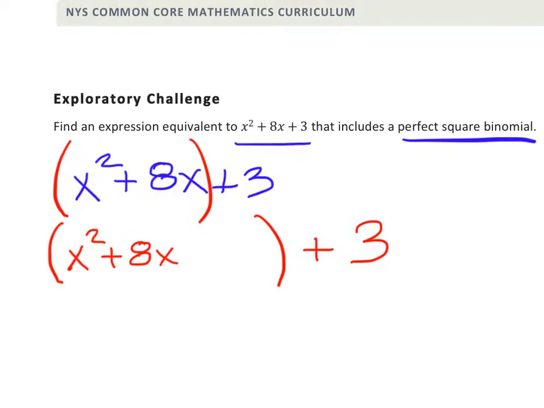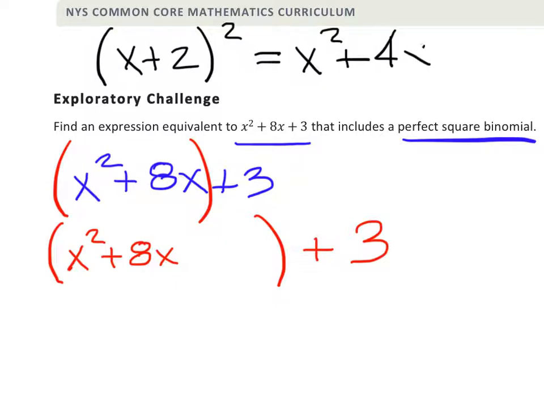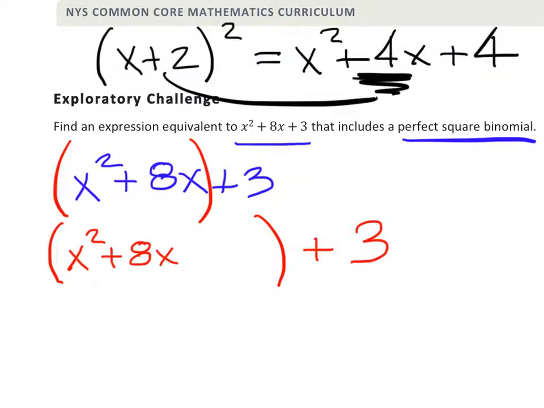Here's an example. Before we had something like x plus 2, we did this one, and we came out with x squared plus 4x plus 4. How did we come up with this number to come from this? We didn't square it. Multiplied it by 2, right.